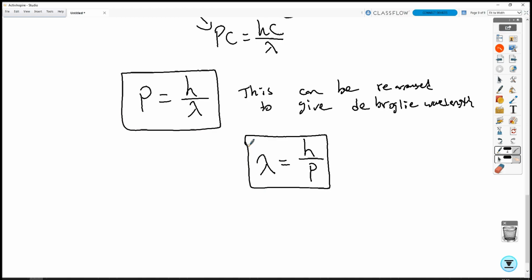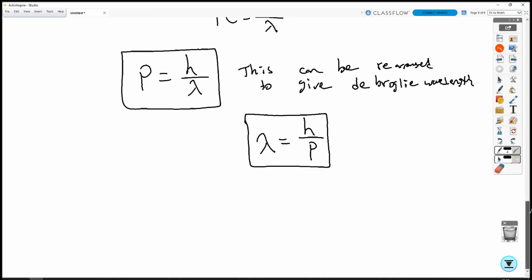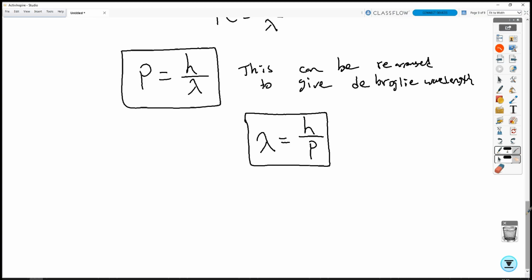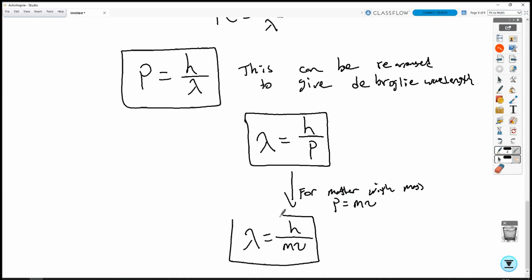For matter, so things with mass, their momentum is also equal to mv. So for matter with mass, p equals mv, so we end up with lambda equals h over mv. So even things with mass exhibit wave-particle duality, and he called these matter waves.